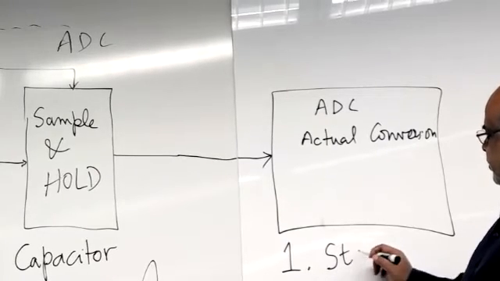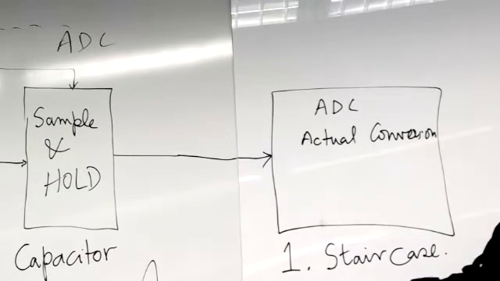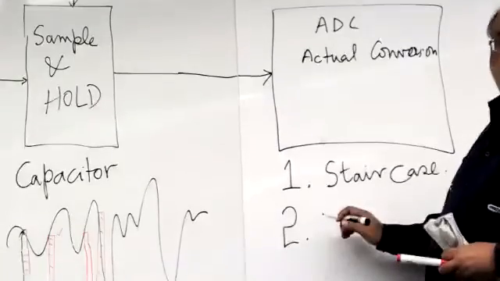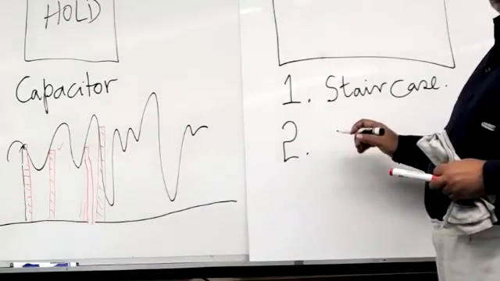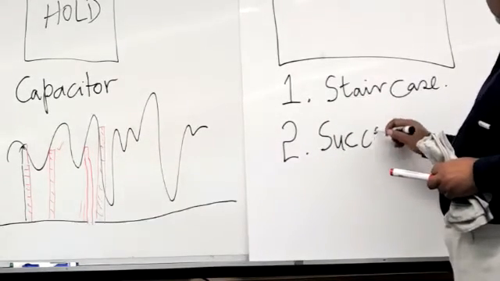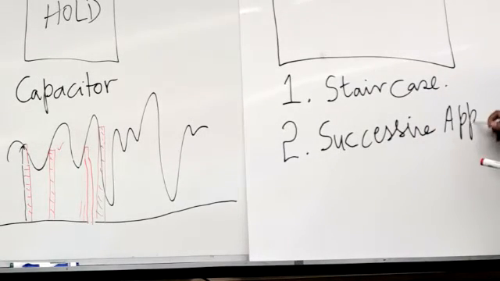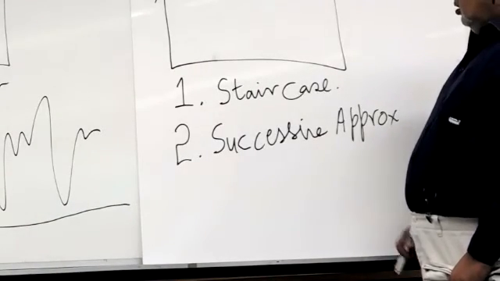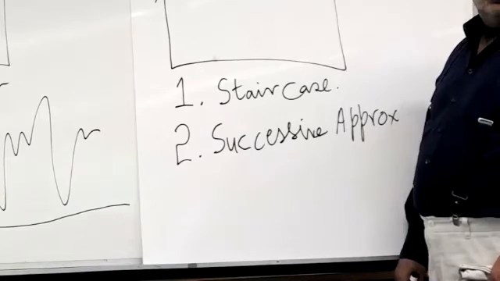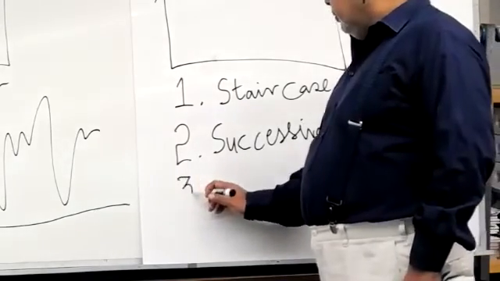One is called a staircase, and the second one, the most popular one, is called successive approximation ADC. Successive approximation ADC and staircase ADC. A third one we'll talk about is flash ADC.